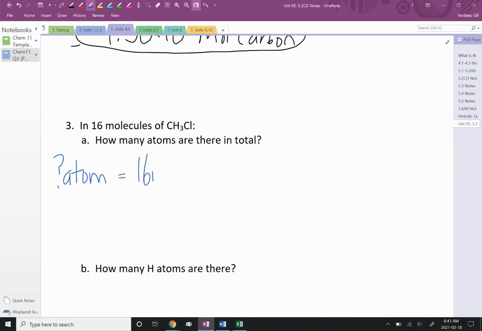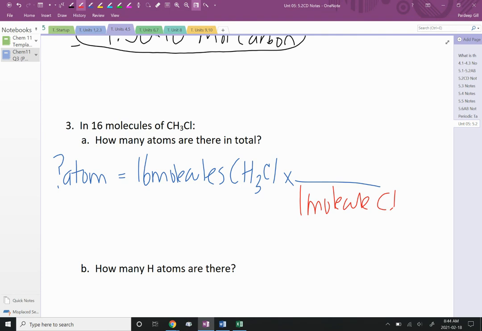And we're starting off with 16 molecules of CH3Cl. And the conversion factor for this one is going to be: in 1 molecule of CH3Cl, how many atoms are there in total? So what you have to do here is count up all the atoms.